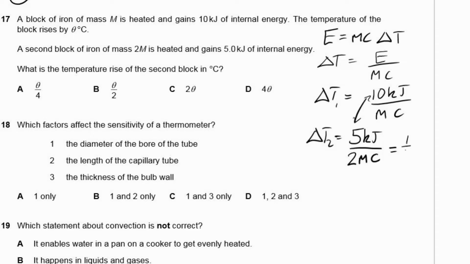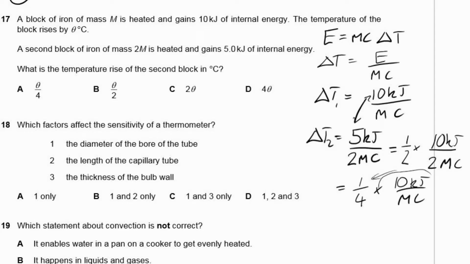So that's a half times 10 kilojoules divided by 2mc. If we look at that a little bit more, what we can see is that's really the same as 1/4 times 10 kilojoules divided by mc, which is the original value for delta T1. So that means it's 1/4 of the original value. So there we are. The answer is A, theta divided by 4.